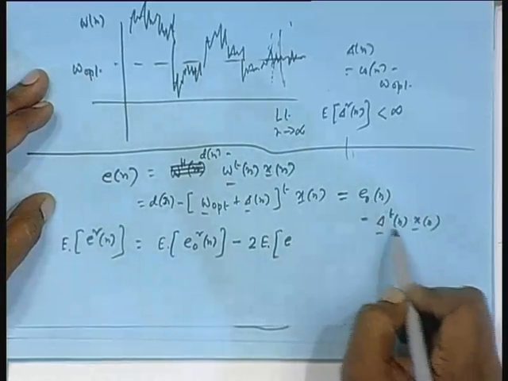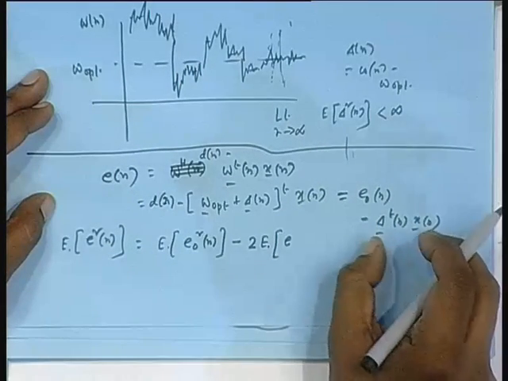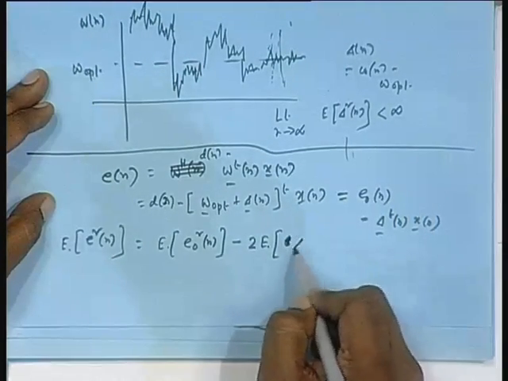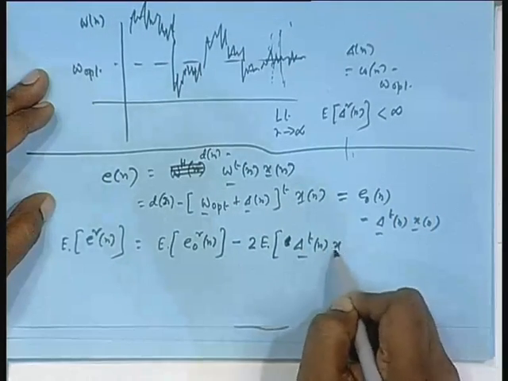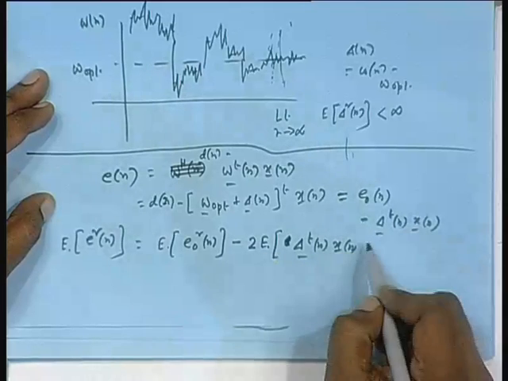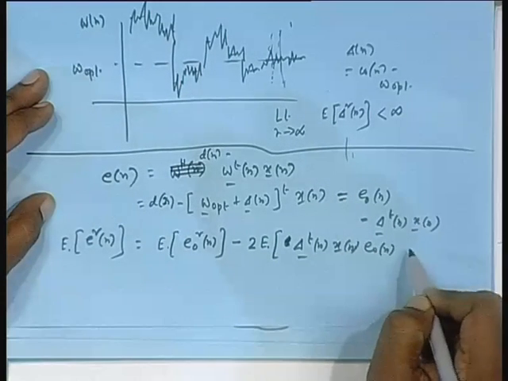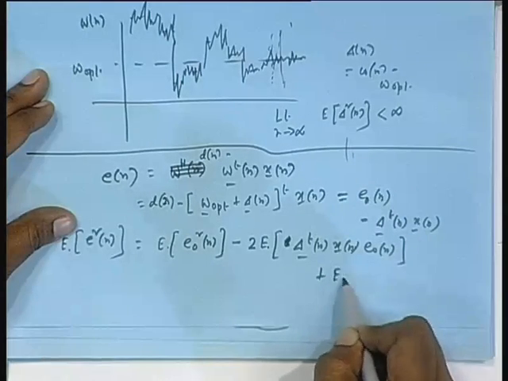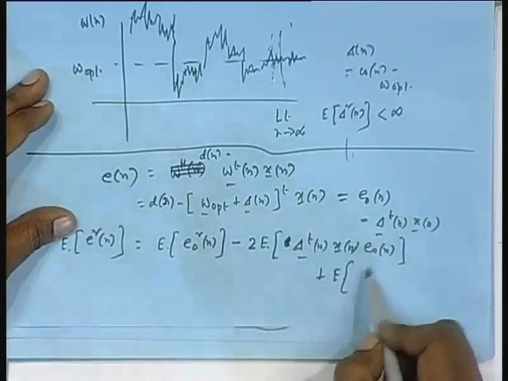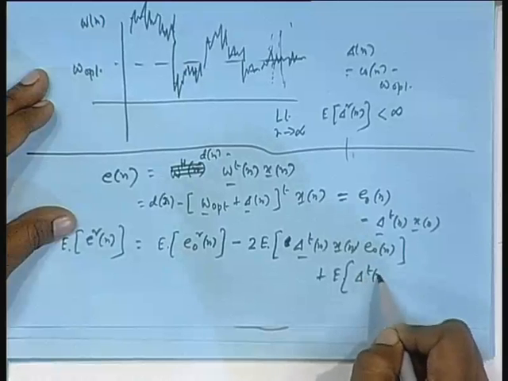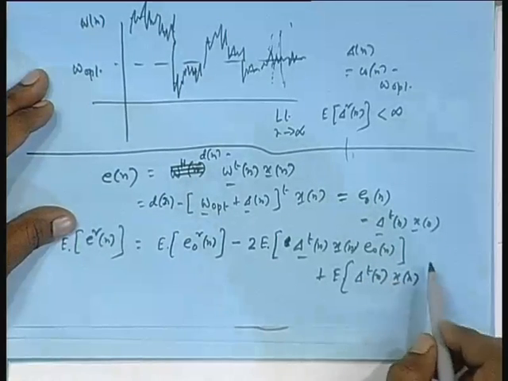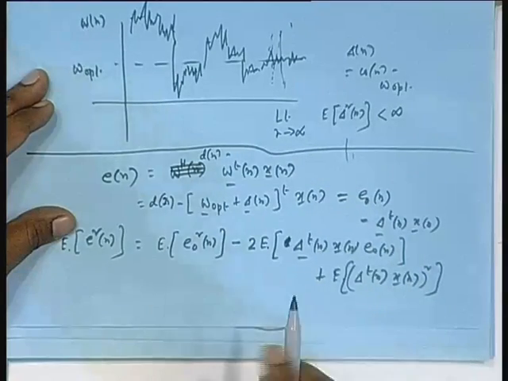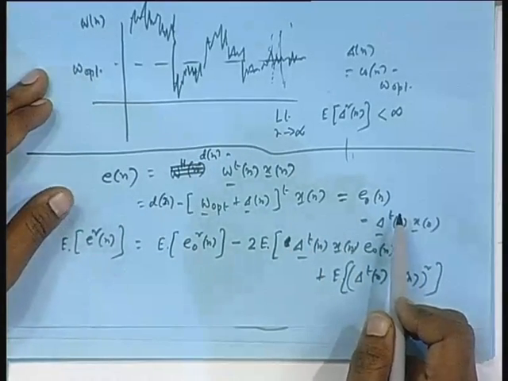But e_o(n) is a scalar, and delta transpose(n) x(n) is a row vector times a column vector, a scalar. So I can write e_o(n) to the right also: first delta transpose(n) x(n), followed by e_o(n). And there is one more term, E of the square of this quantity, since I am squaring a minus b whole square.